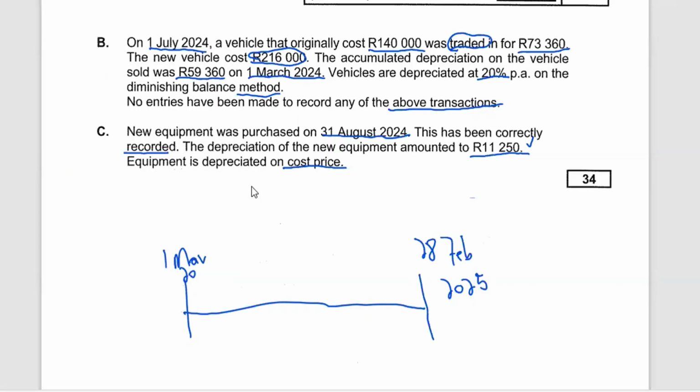So we have 1st March 2024. So our second step is to interpret our information using the timeline. When was this new equipment purchased? 31st August 2024. So we have March, April, May, June, July, August.